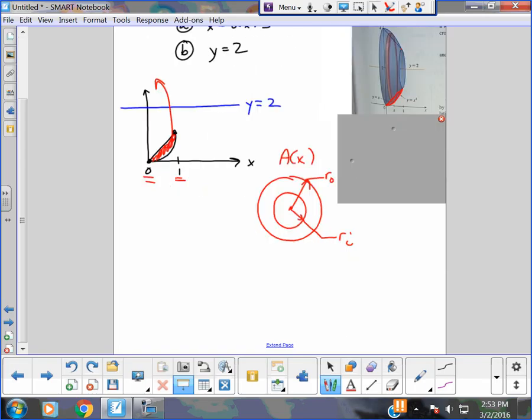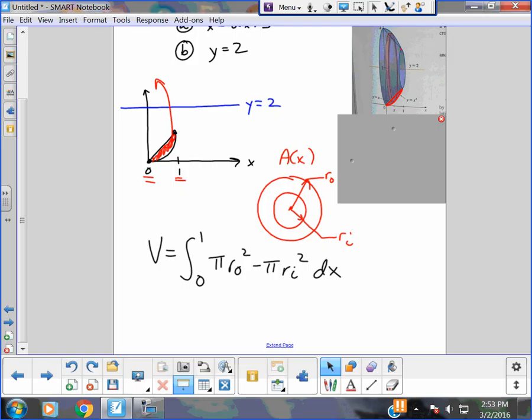All right? And so this much doesn't change. Volume goes, we'll go right to the limits of integration, 0 to 1, right? It's going to be dx. It's going to be pi RO squared minus pi RI squared dx. All right? But now the problem is we have to define RO and RI.